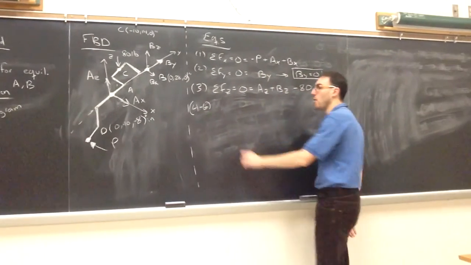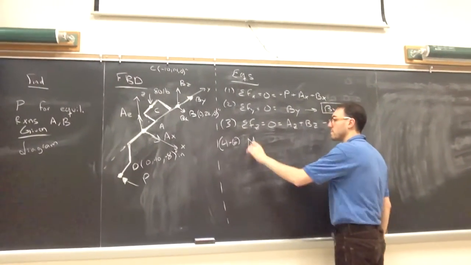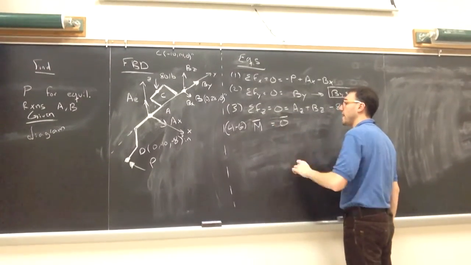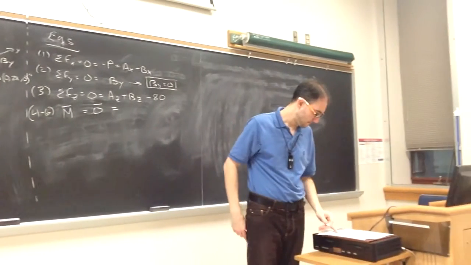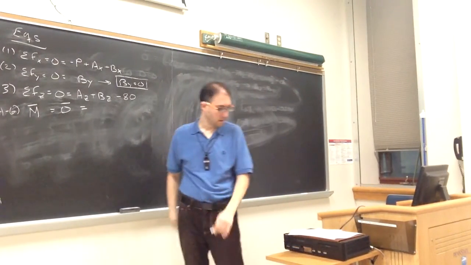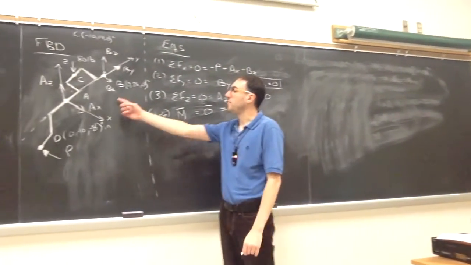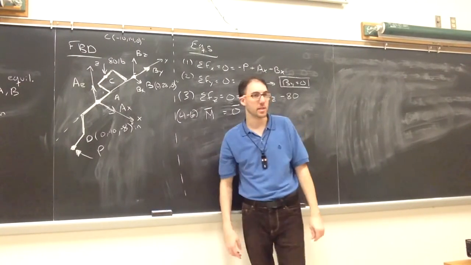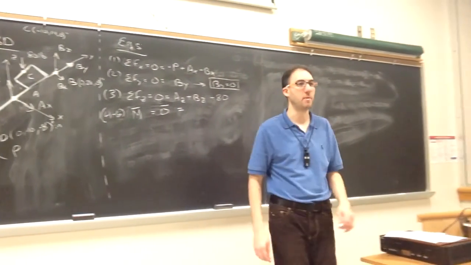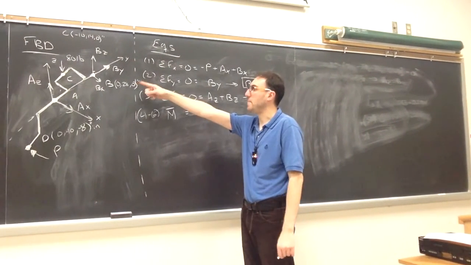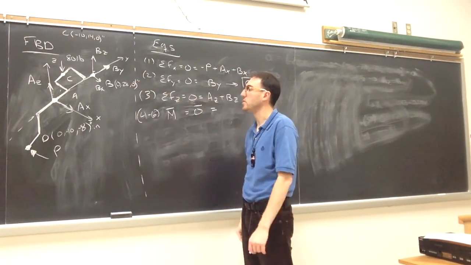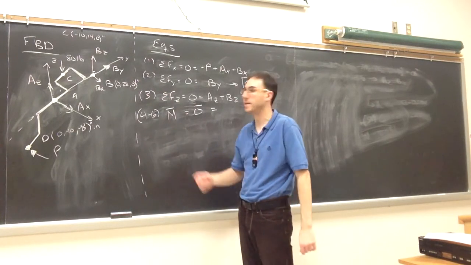Now I can take the moment around a point as a vector. Looking at the free body diagram, what point does it look like would be the most efficient to take the moment about? Right, B, I would say, because it has a BX, a BY, a BZ, so all 3 of those would be eliminated.